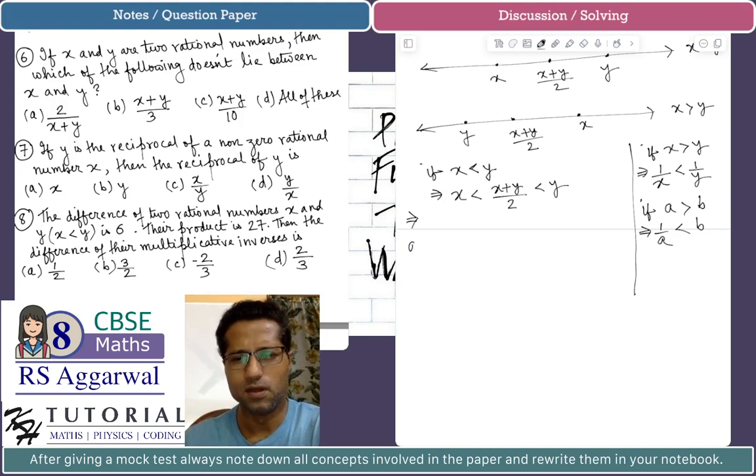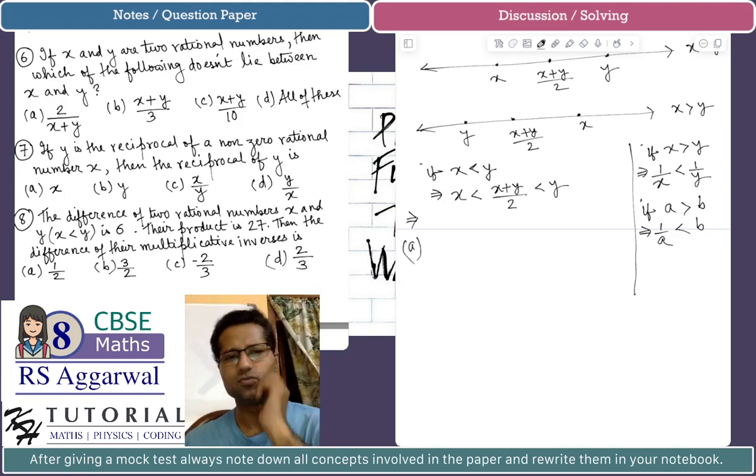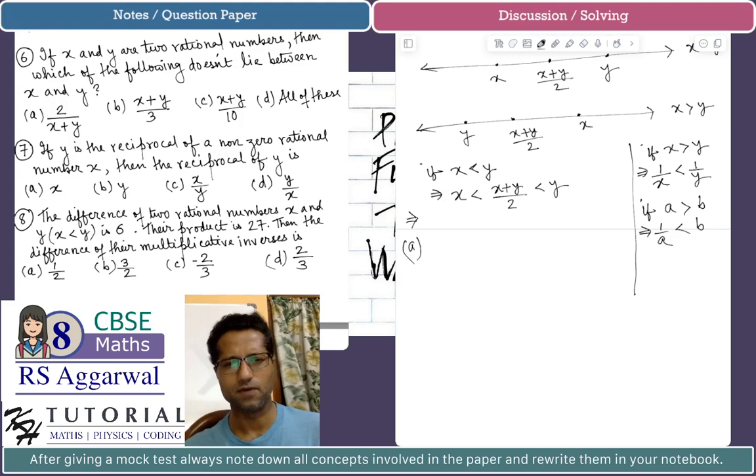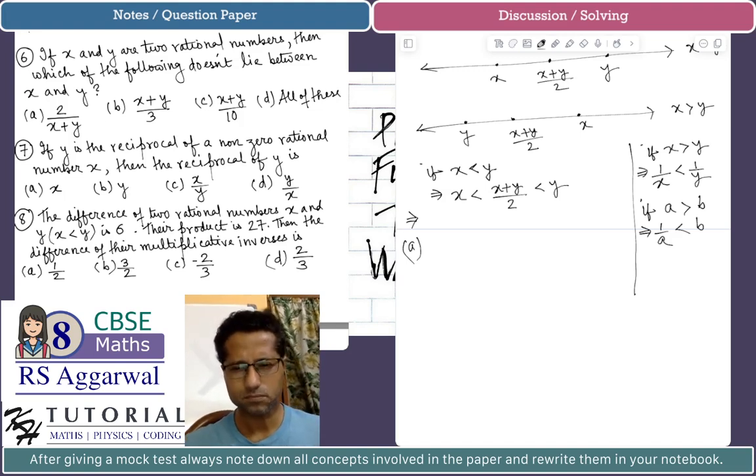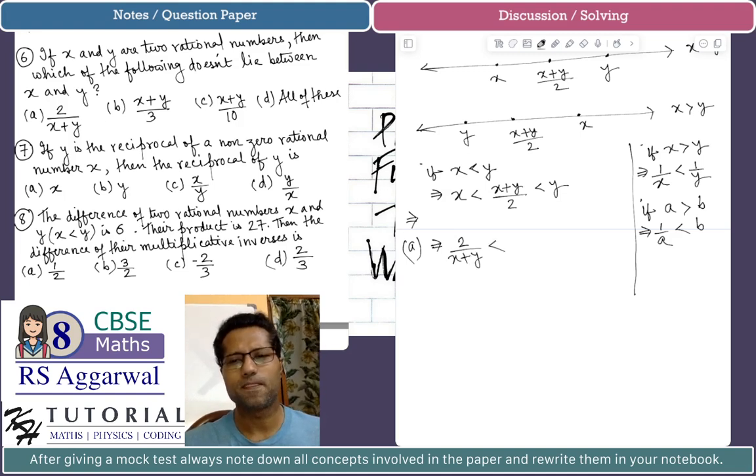Let's say the first choice, 2 by (x plus y), doesn't lie between x and y. So this will imply, A implies that 2 by (x plus y) is less than x.